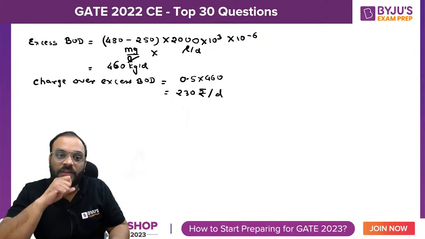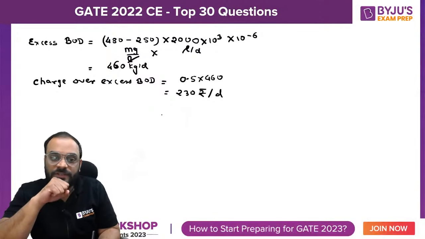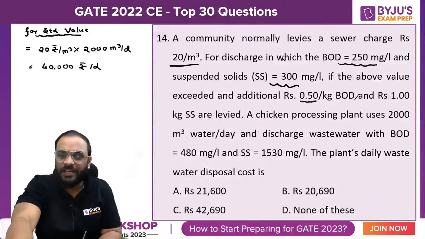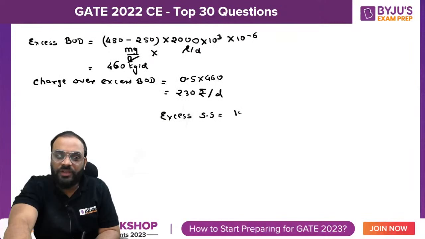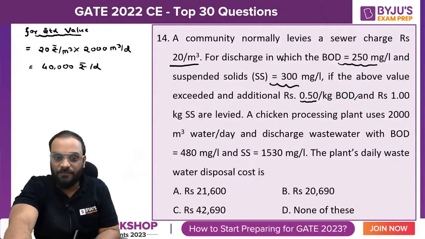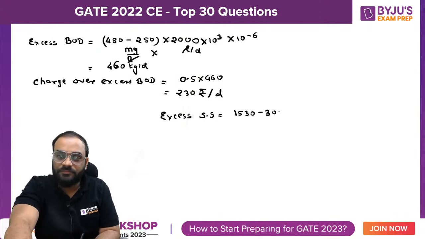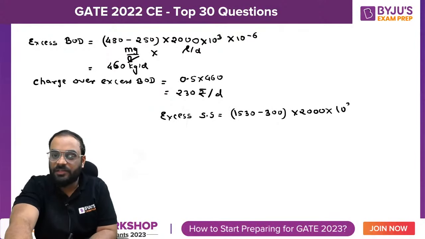Now, similarly, we need to solve the second part, which is excess suspended solid. That is equal to how much? 1530 minus 300, again multiplied by discharge, multiplied by 10 raised to power 3, multiplied by 10 raised to power minus 6.